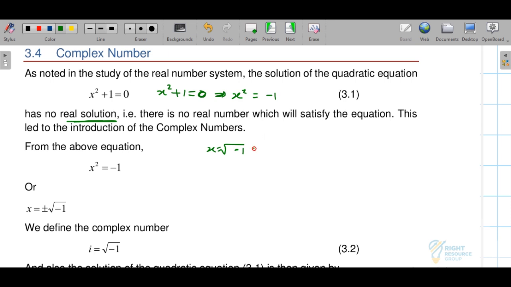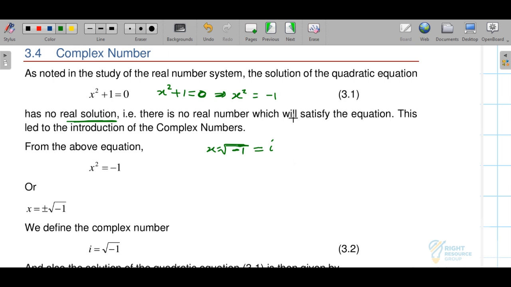But then scientists have done research and came up with the invention of complex numbers, which seeks to take it from where real numbers stop. So from the complex numbers, we have that the square root of minus 1 is equal to i, right?